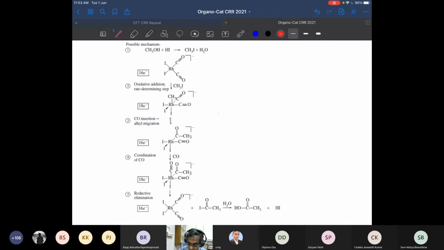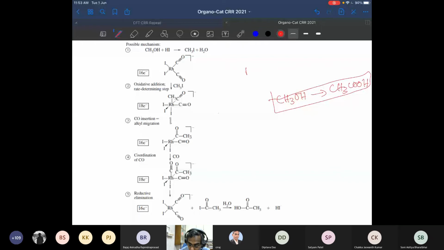What I have, I am converting my methanol to acetic acid. This is the process that I am talking about. Right. Now, what happened? The first step. You need, that is not only one catalyst.